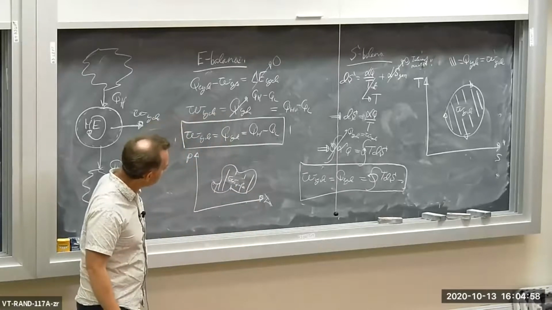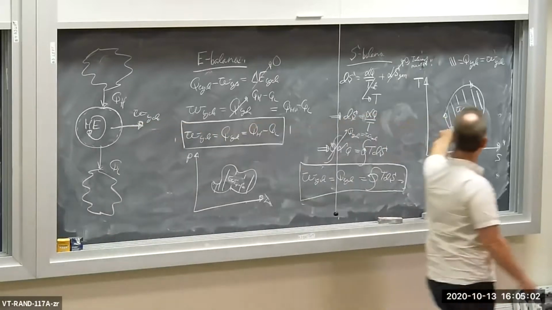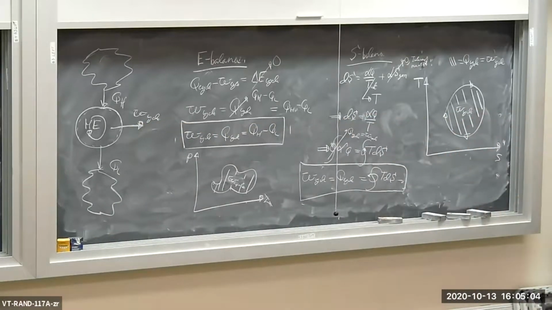So we have similar interpretations of the area bound by the PV curve and the TS curve for our cycle analysis assumptions. The area bound by the TS curve is the work over the cycle, or the net heat transfer, or cycle heat transfer, Q high minus Q low. Okay?